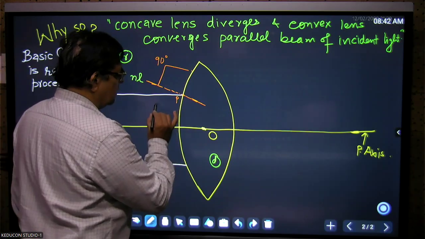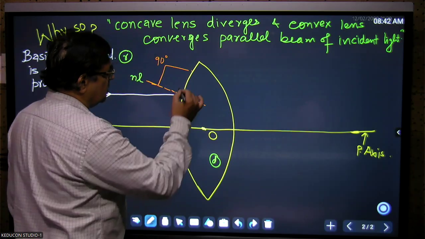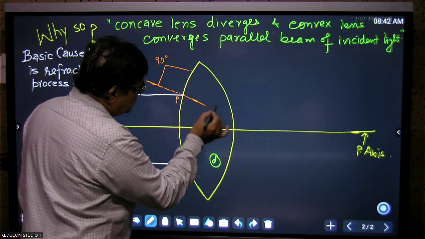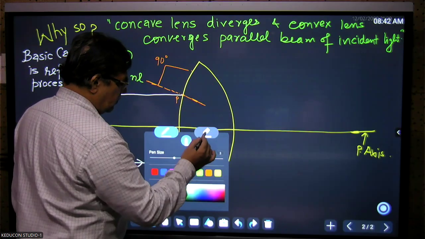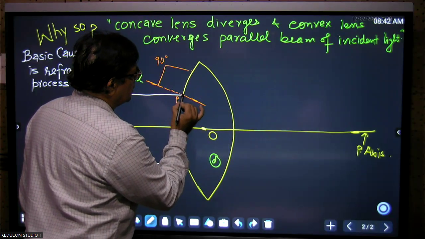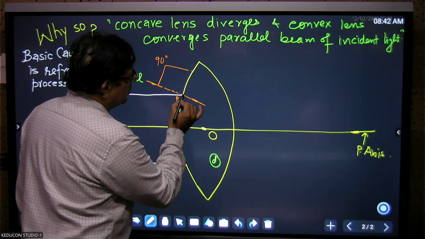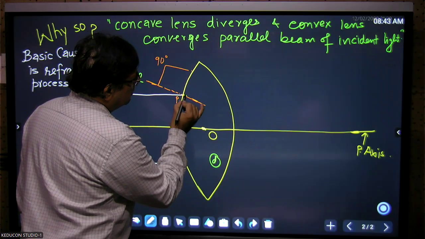As the ray is entering from rarer to denser, as per the basic principle of refraction, it should bend towards the normal. So therefore, instead of going in a straight line, it bends towards the brown dotted normal. So it bends like this.